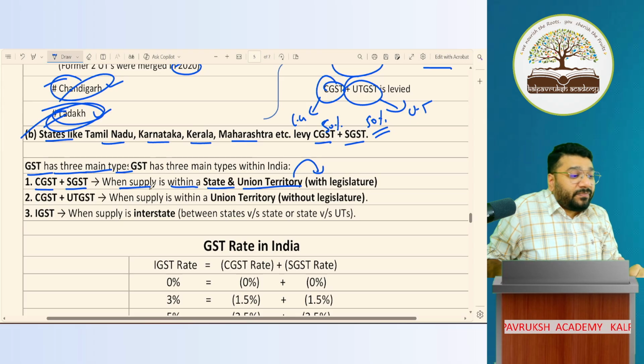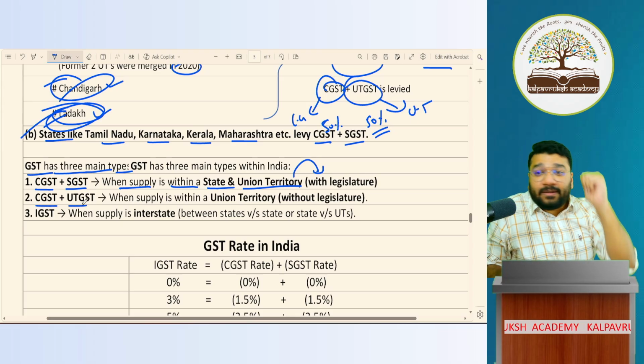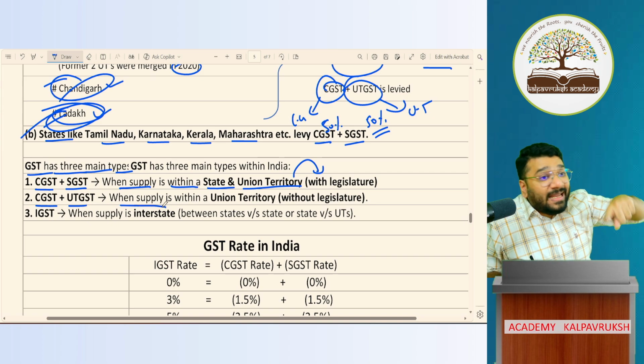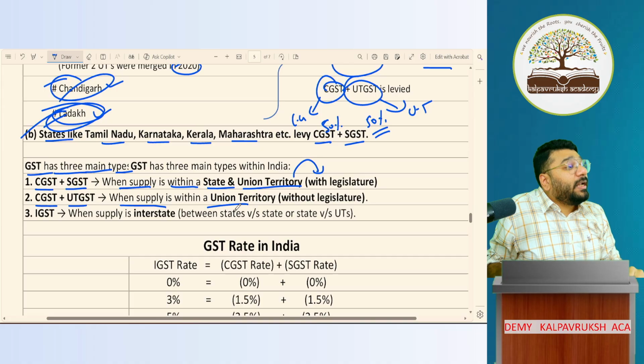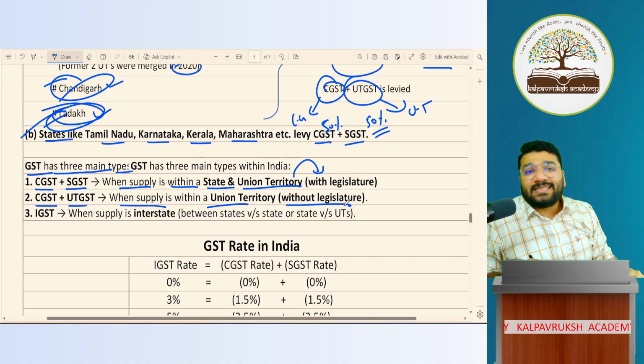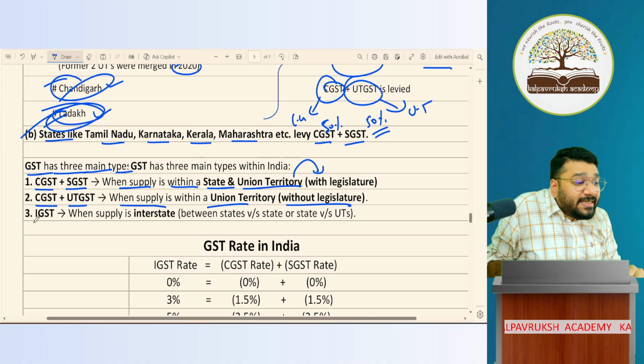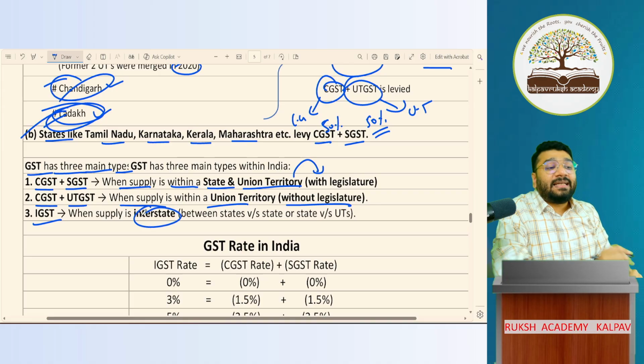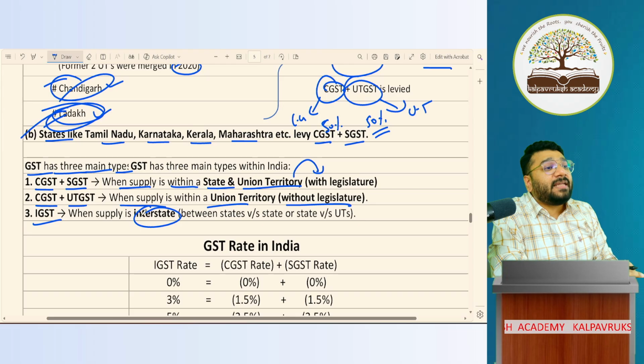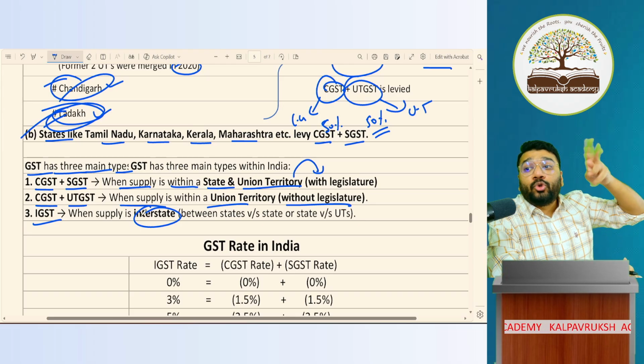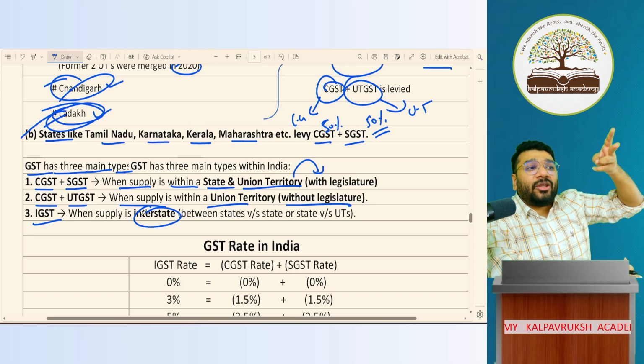CGST and UTGST will come when there is again intra-state supply within a union territory but without legislature. IGST will come for interstate supply. Interstate means between 2 states, or between 2 union territories, or between 1 state and a union territory.